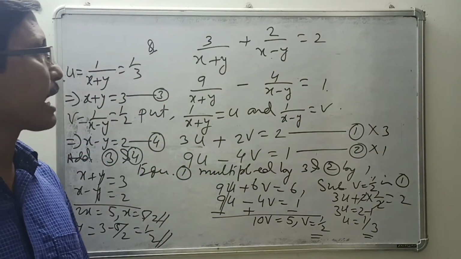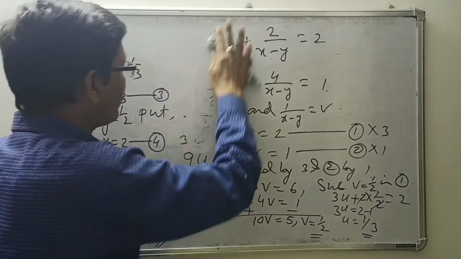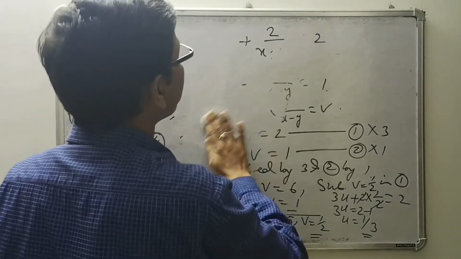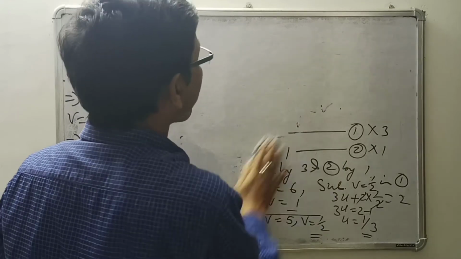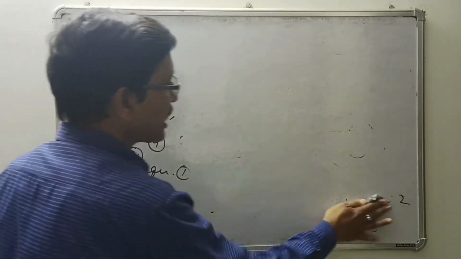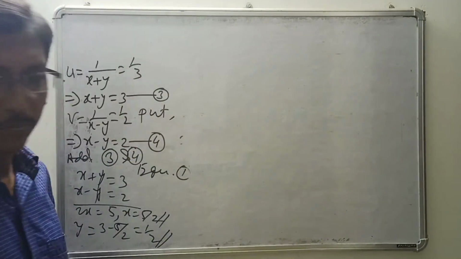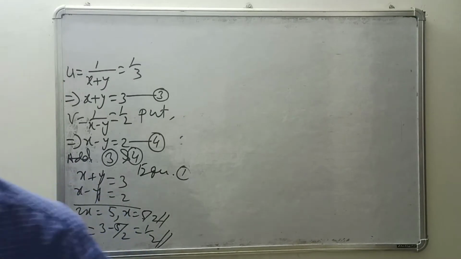That is a particular type of question, and it is a very important type of information you must remember. For example, let us first see the question, then how to solve it by the elimination method.